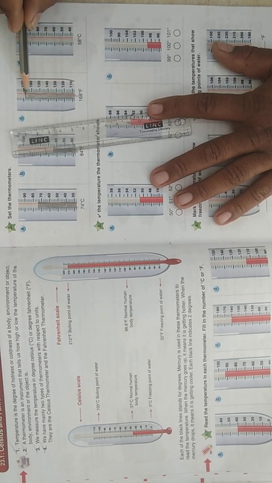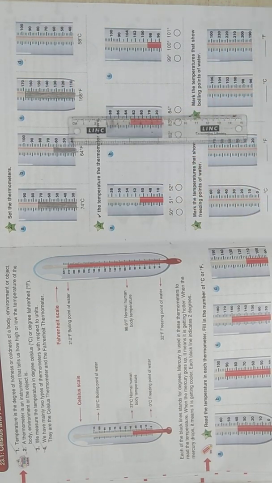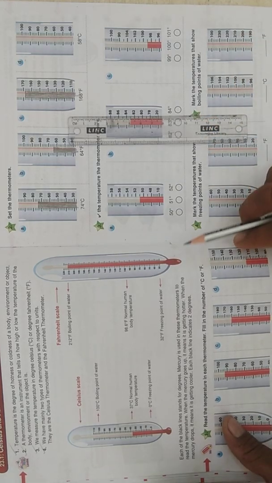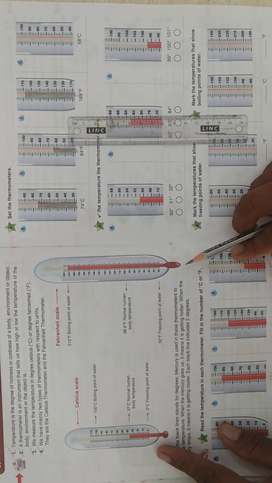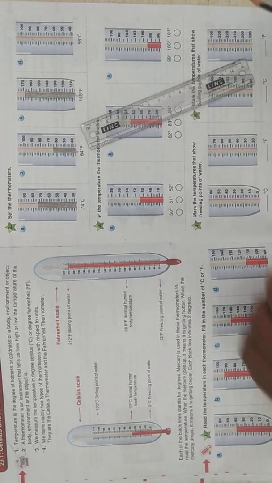Measuring a temperature: if a thermometer is given in your hand, you can measure whether it is a degree Celsius scale or a Fahrenheit scale very easily. And next is 58 degrees Celsius.